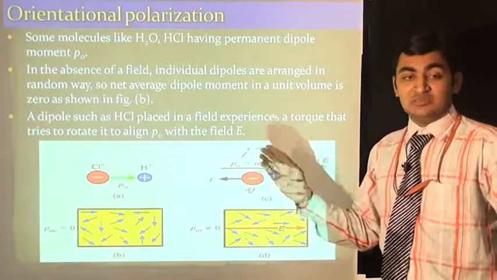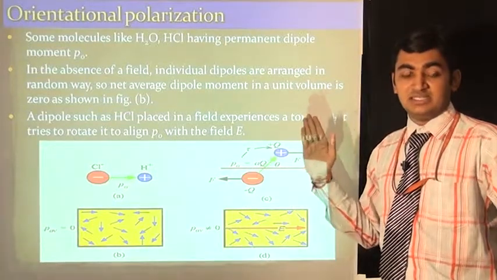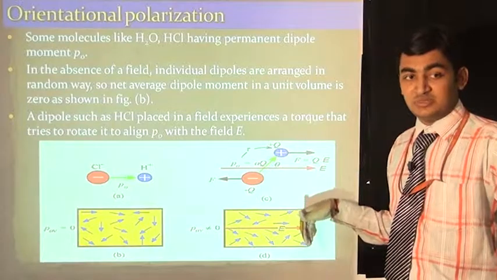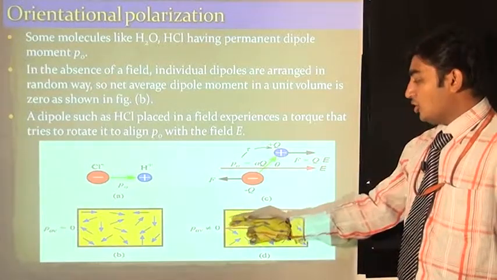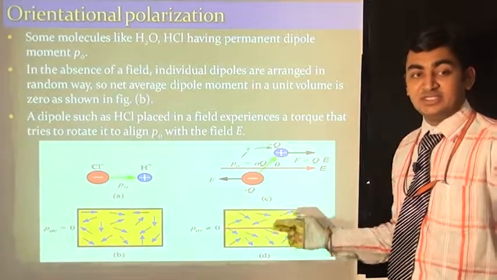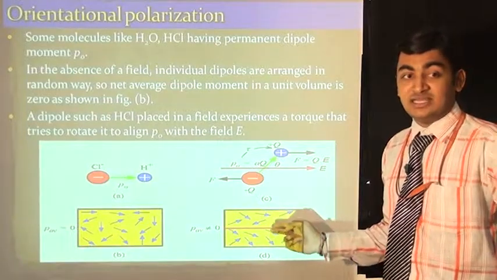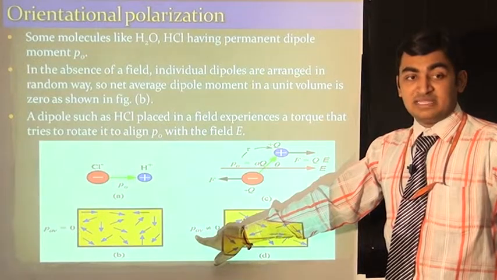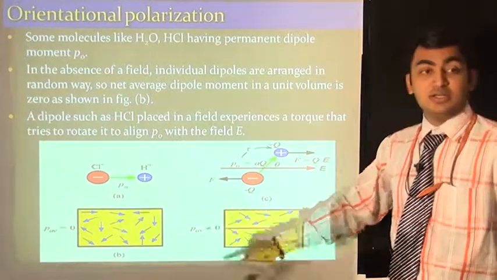It means all the positive charges will arrange toward the negative plate, and negative charges on the positive plate. Then all the random charges arrange in the electric field direction. Then we get polarization: the average polarization for all the dipole moments is not equal to 0.